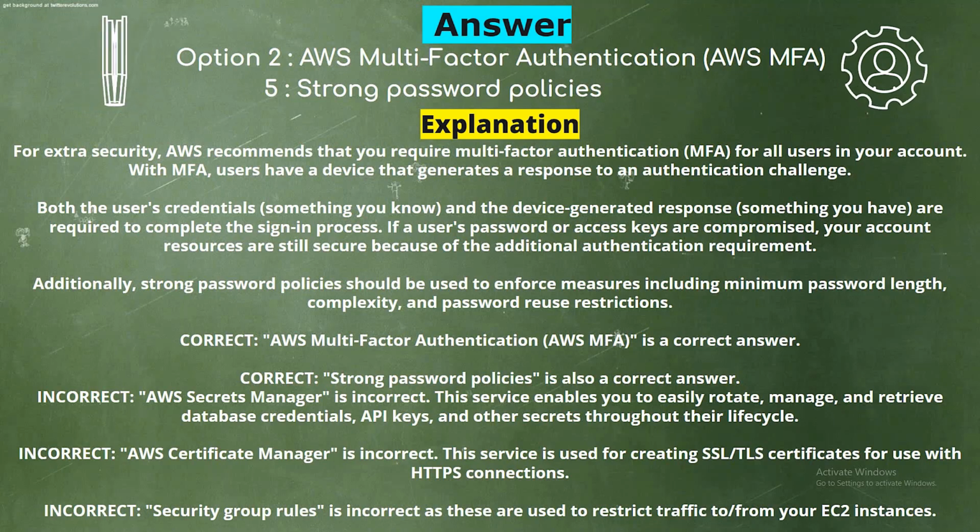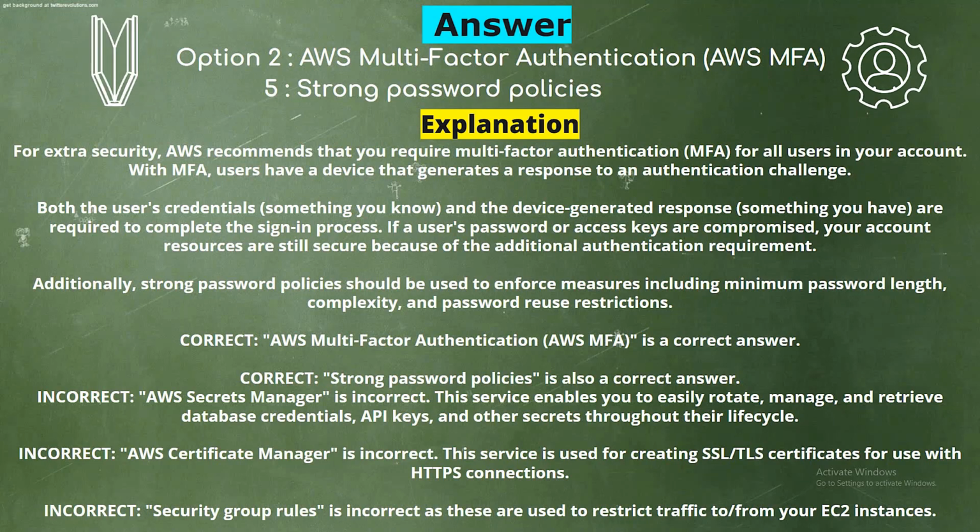If a user's password or access keys are compromised, your account resources are still secure because of the additional authentication requirement. Additionally, strong password policies should be used to enforce measures including minimum password length, complexity, and password reuse restrictions. Correct. AWS Multi-Factor Authentication, AWS MFA, is a correct answer. Correct. Strong password policies is also a correct answer.